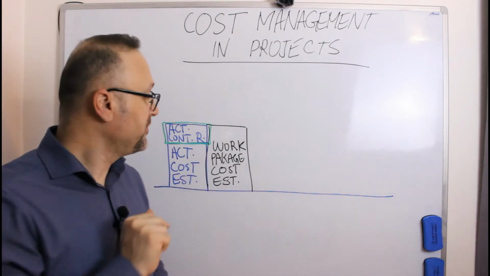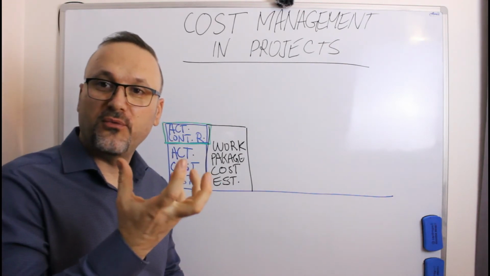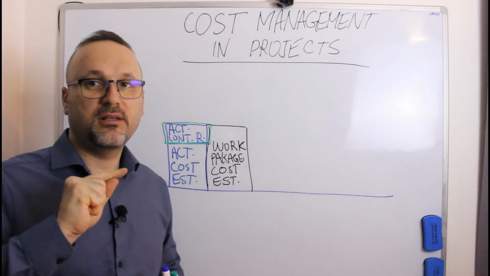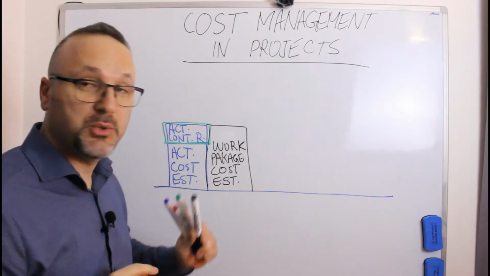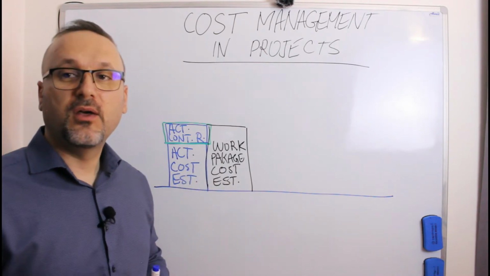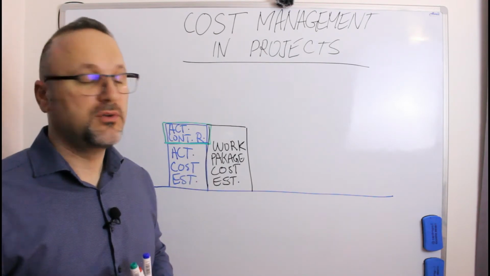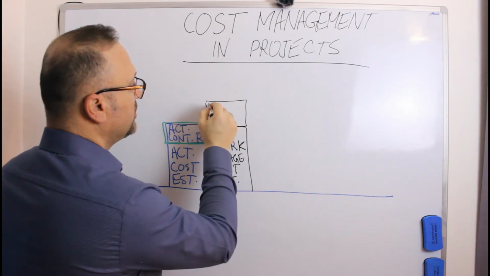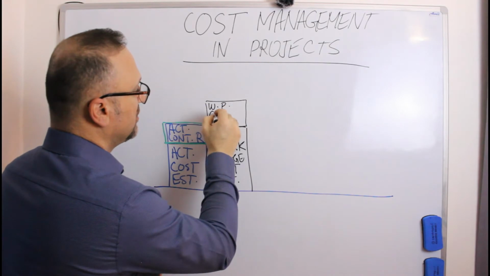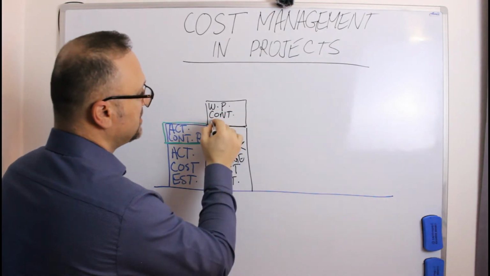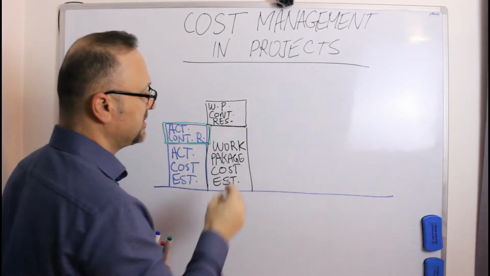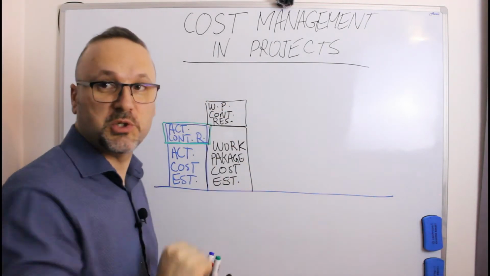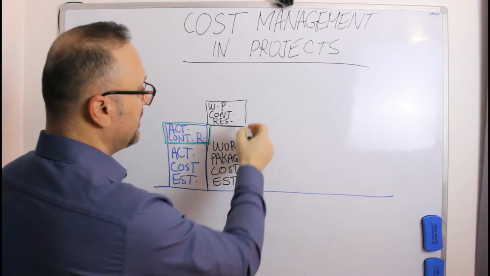Again, the work package of those activities are estimated and not accurate. You need to add the other reserve, where you have it over here, which is the work package contingency reserve, because you have also risk for the work package.